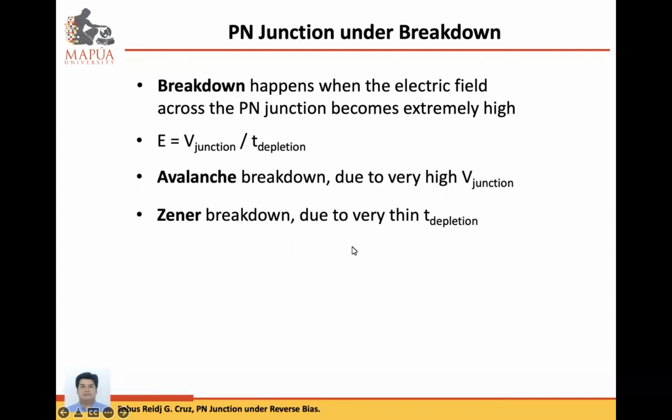This is the breakdown due to the very thin depletion region. When the thickness of the depletion region is very, very small, the electric field becomes very, very high, so there is a tendency of breakdown. We call that breakdown the Zener breakdown. Zener is actually the name of the engineer who discovered the Zener phenomenon, yung breakdown phenomenon.